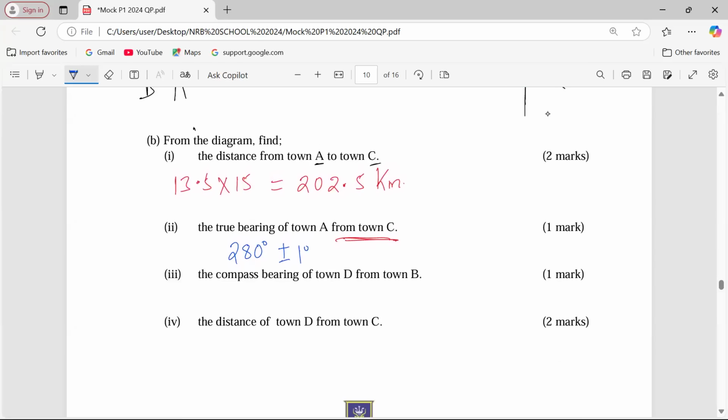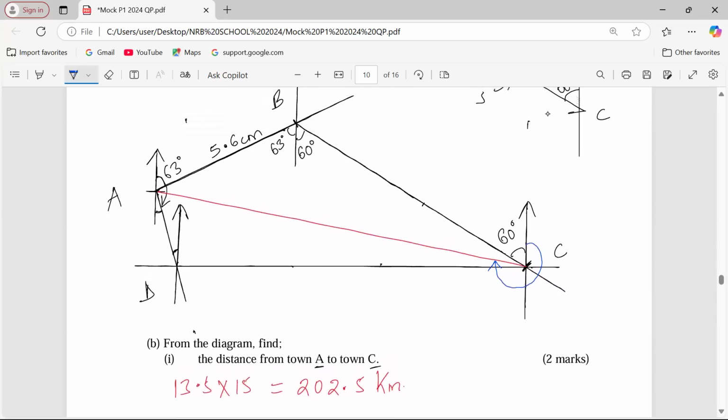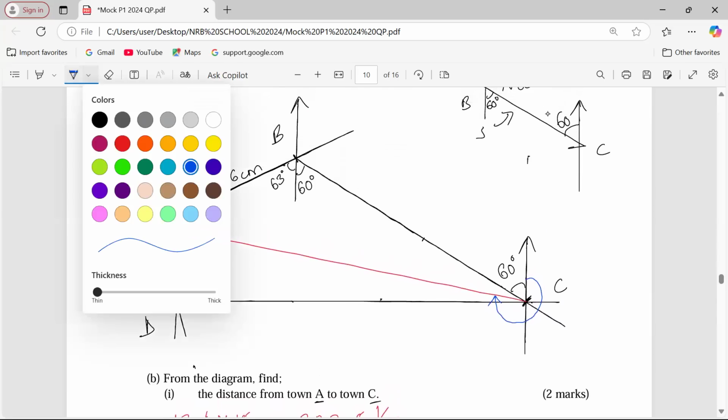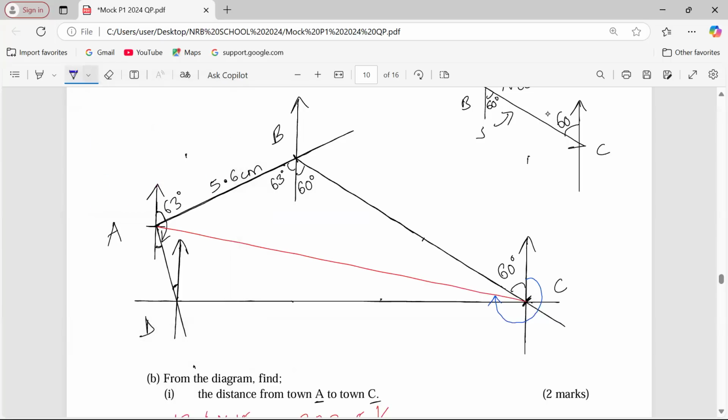The compass bearing of town D from B. So D from B. A student must understand what all these types of bearings are. True bearing and compass bearing should be well differentiated.